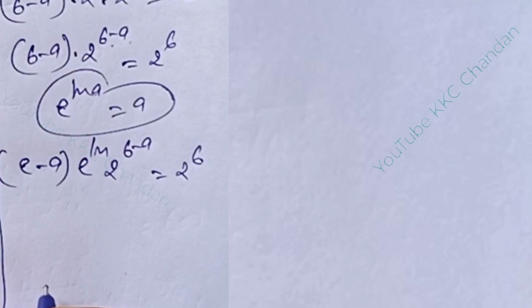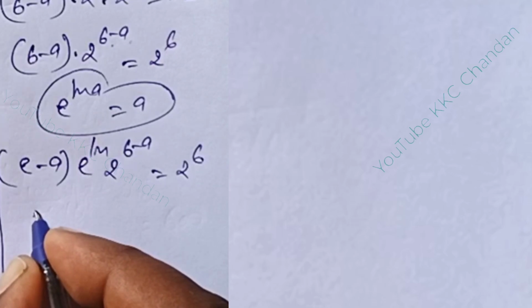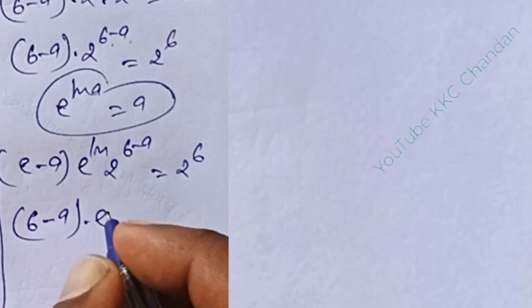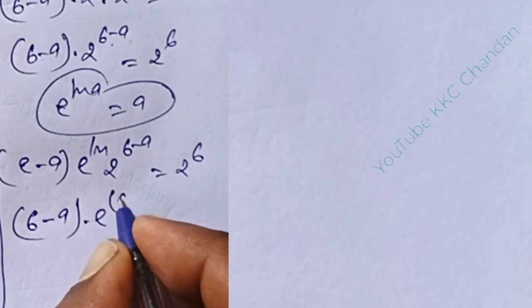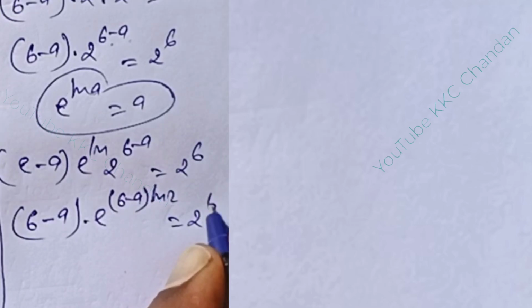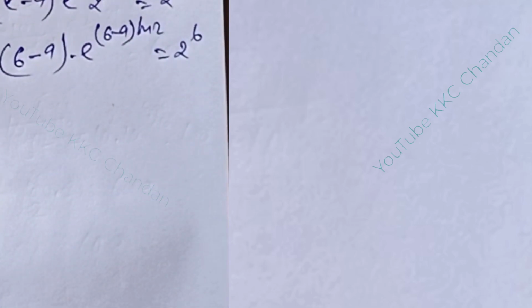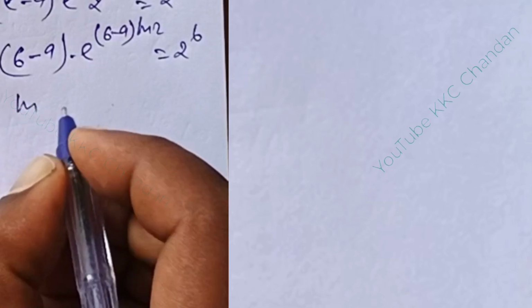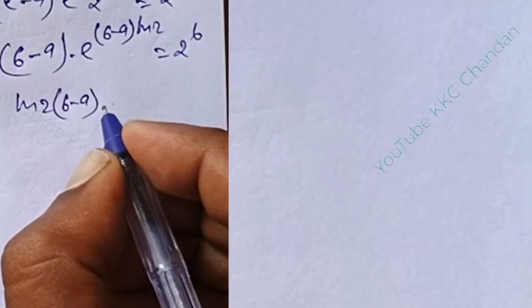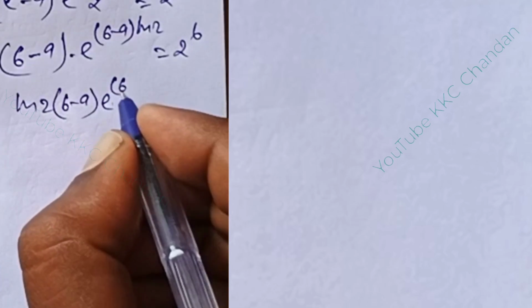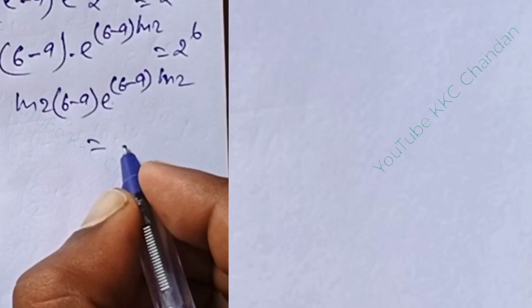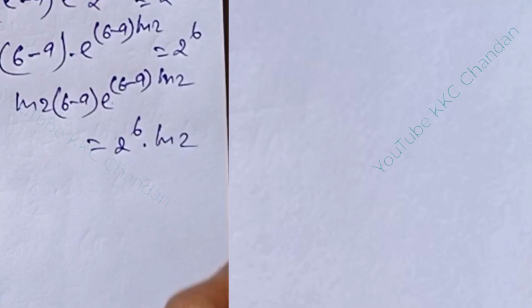In the next step, 6 minus a into e power 6 minus a into ln 2 is equal to 2 power 6. In the next step, ln 2 into 6 minus a into e power 6 minus a into ln 2 is equal to 2 power 6 into ln 2.